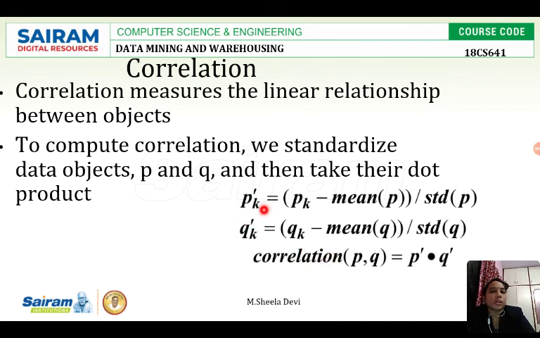First we calculate p dash k, which is equal to pk minus mean of p divided by standard deviation of p, and q dash k is equal to qk minus mean of q divided by standard deviation of q. The correlation of p comma q is equal to p dash dot q dash. So this is the formula to calculate the linear relationship between two objects.